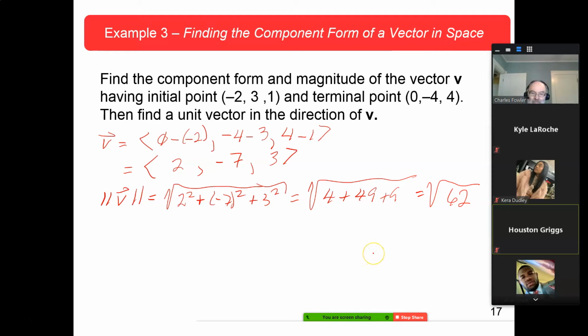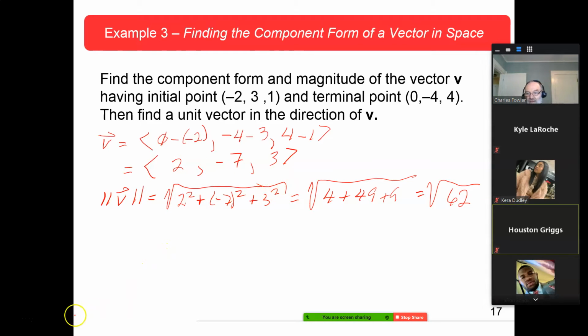Now, is there any perfect square we can pull out of that? No, nothing else. So the square root of 62 is fine. Now, we've done the first two here, component form and magnitude. Really helpful to do the component form first before you attempt the magnitude, because then it's such a piece of cake to do. Now find the unit vector in the direction of v.